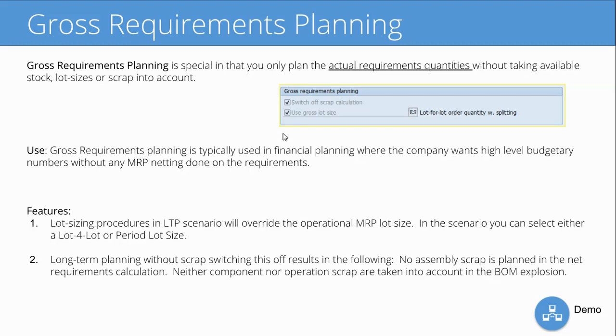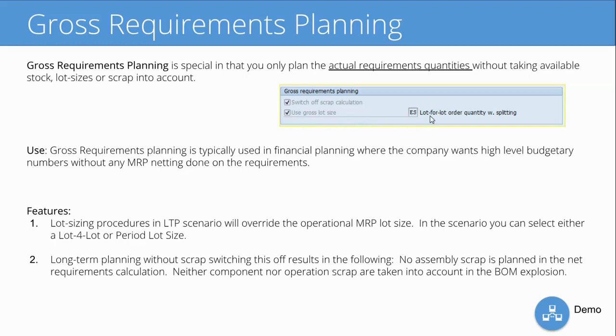And so the two options that you have: switch off scrap calculation, because if you have any scrap set up in your operational plan, you know that will add to your receipts. And so again, we want a one-for-one requirements quantity to receipts quantity, so that's why we're switching off any scrap calculation. The other thing is you may want to use a specific lot size for gross requirements planning.